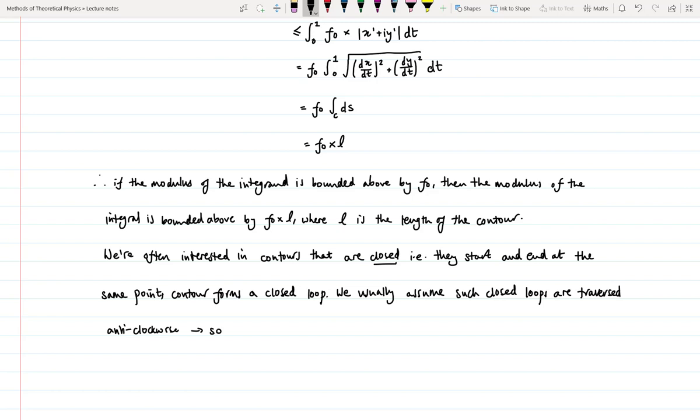This means that the normal direction of travel will result in an increase of the polar angle in the complex plane. That's just a bit of convention that will be useful in later discussions of integrals.